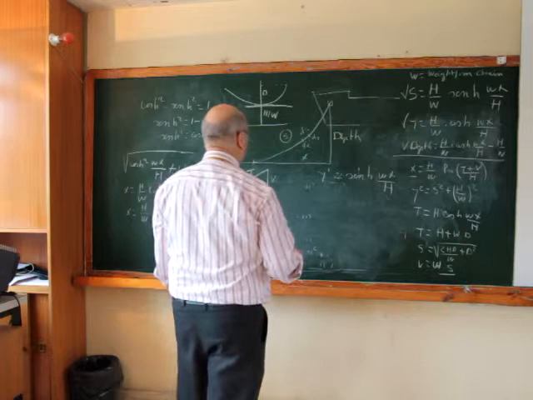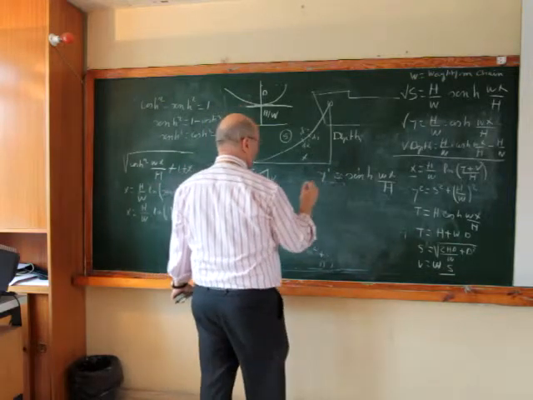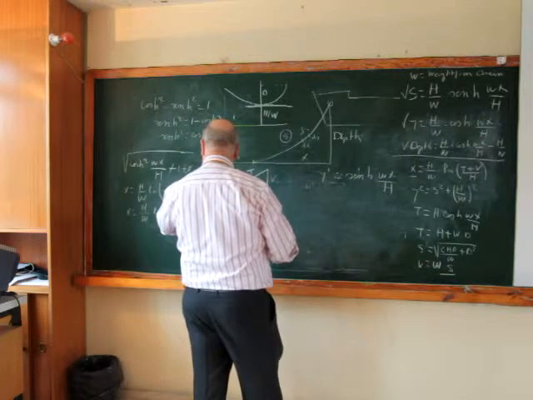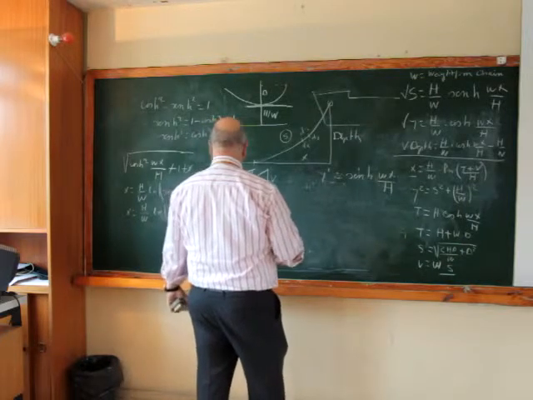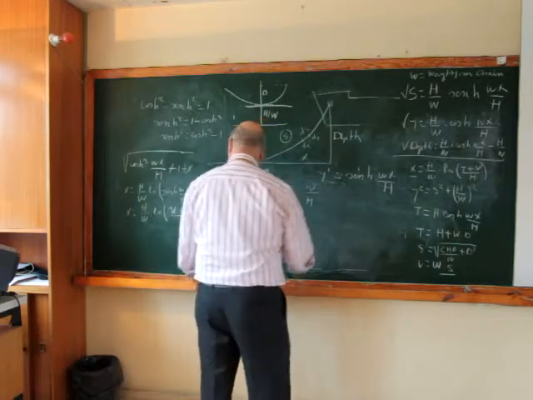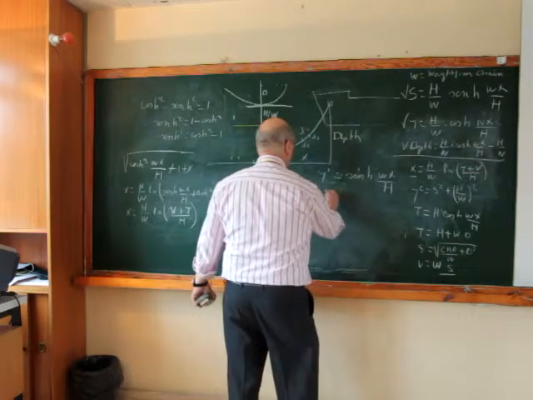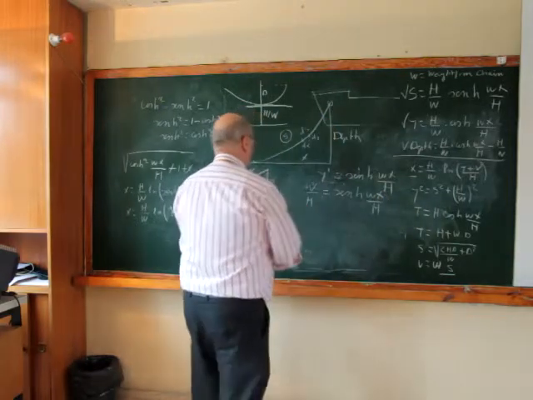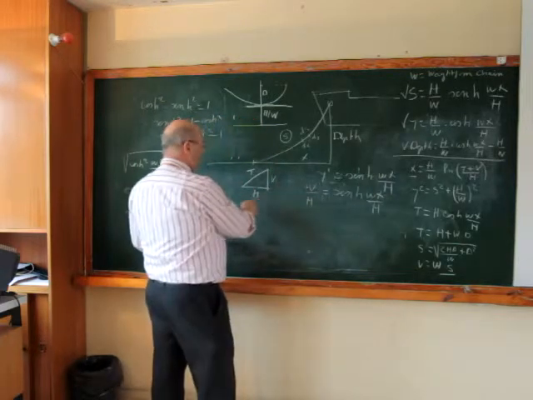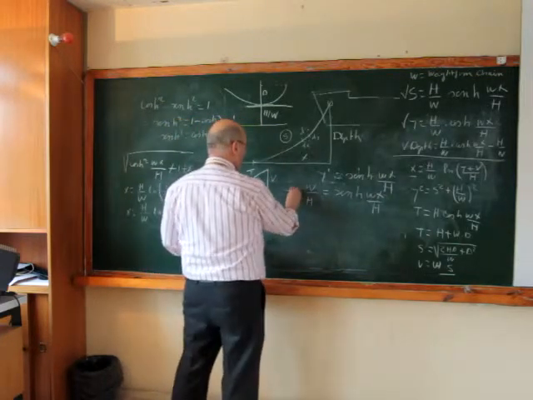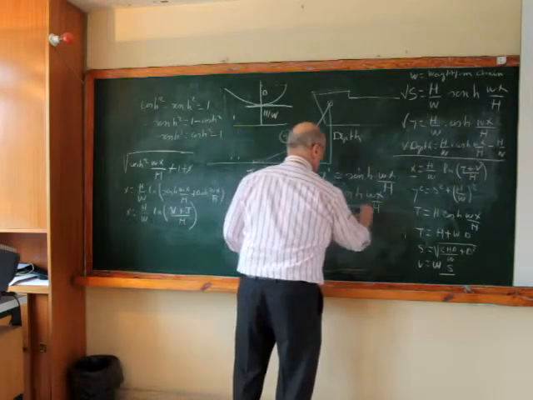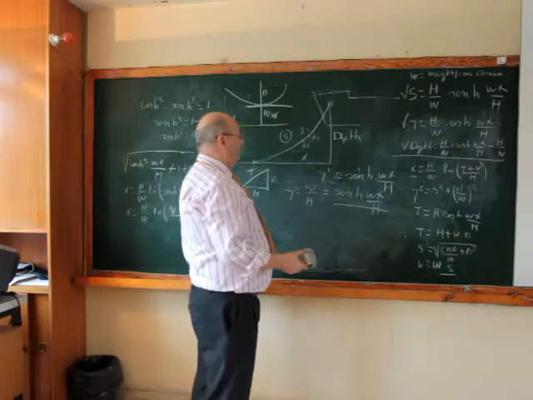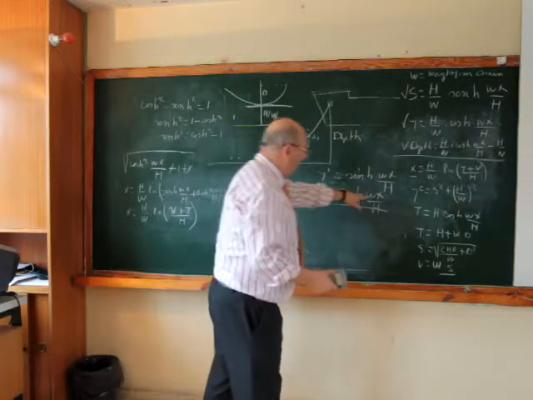Well, I have said that the weight of the chain divided by h is equal to, very simple, because I remember that B divided by h was the first derivative, and the value of the first derivative was this one, the hyperbolic sine of wl divided by h.